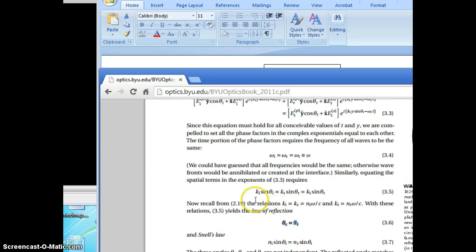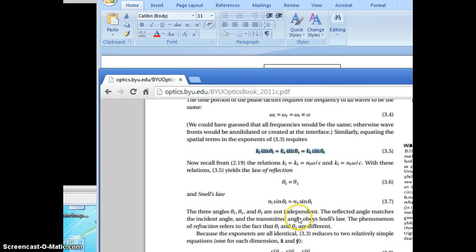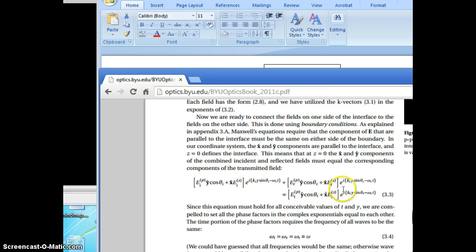But this has to be true. So what does that mean? That means that by necessity, for any y and for any t, that has to be true.